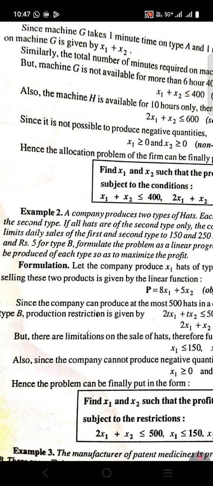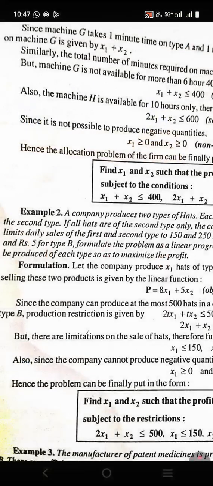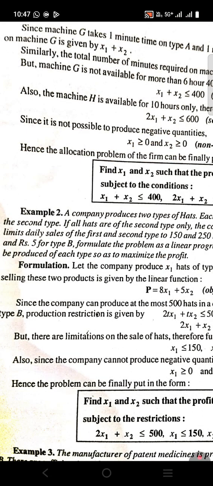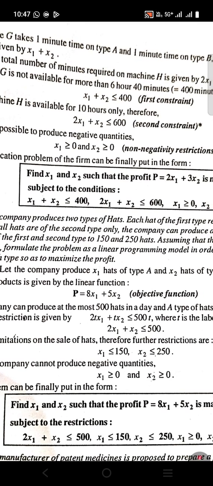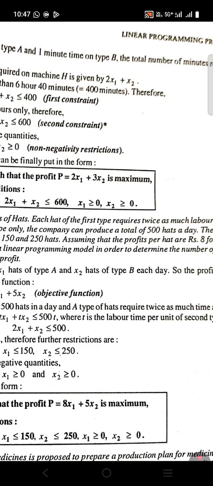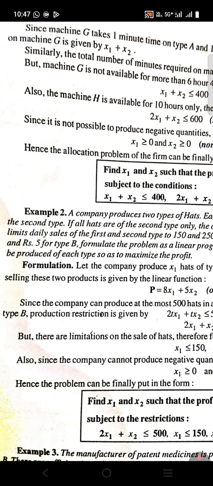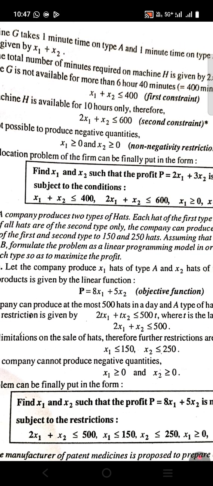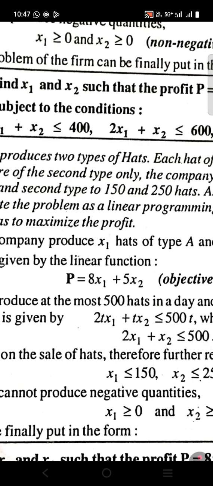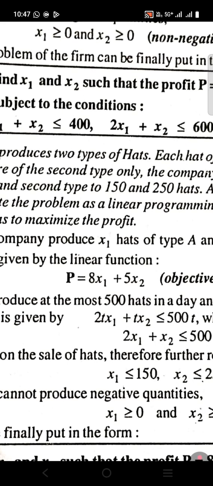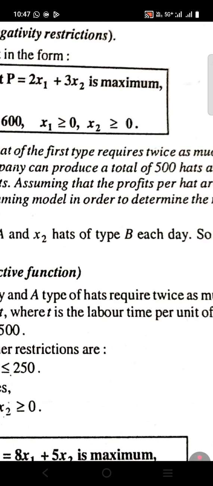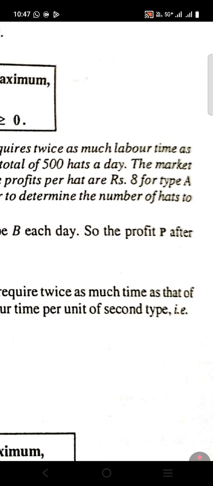Since the company can produce at most 500 hats in a day, and a type A hat requires twice as much time as type B, the production restriction is given by 2Tx1 plus Tx2 less than or equal to 500T, where T is the labor time per unit of the second type.